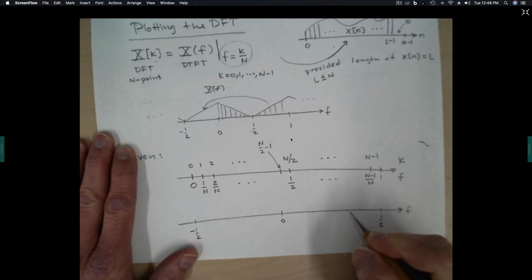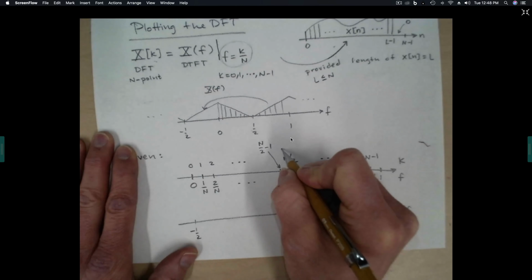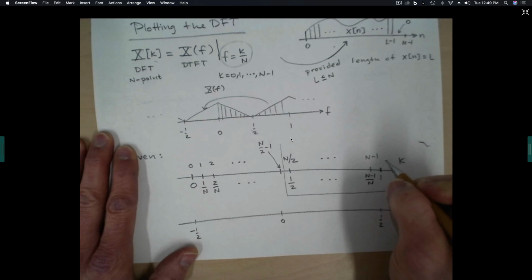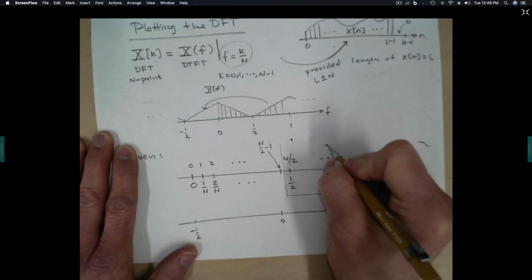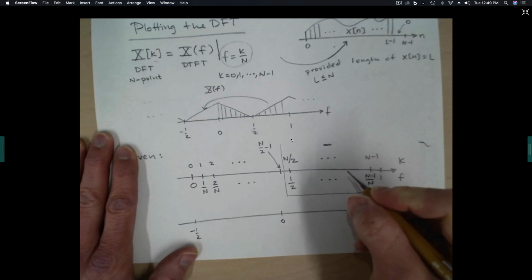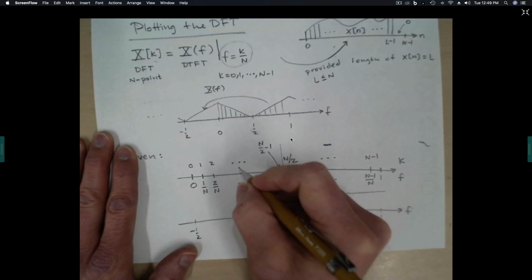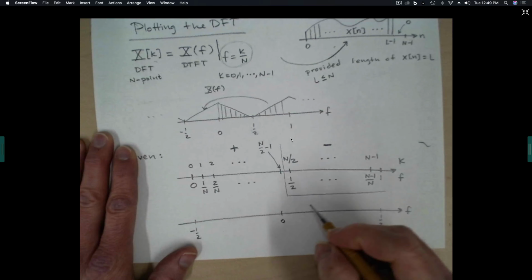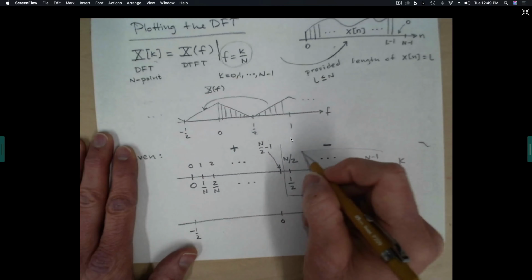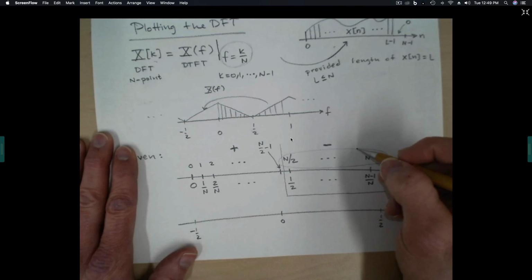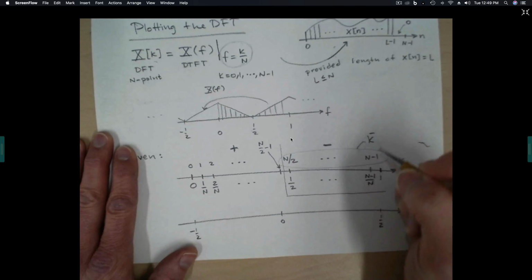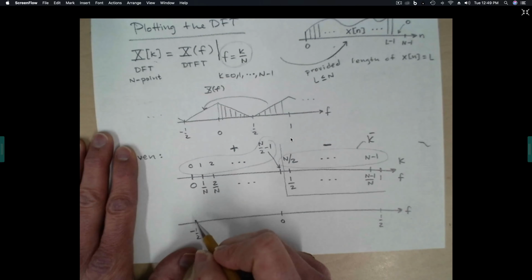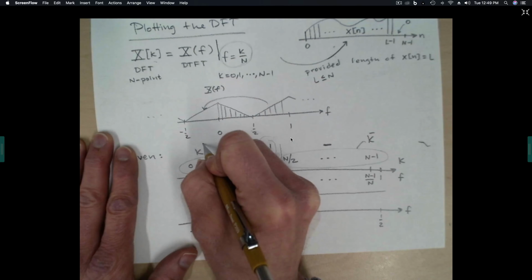So we know that all of these frequencies right here are our negative frequencies, and these over here on the left are our positive frequencies. So I'm going to call these bin indexes over here k with a negative superscript, and all of these bins over here k with a positive superscript.